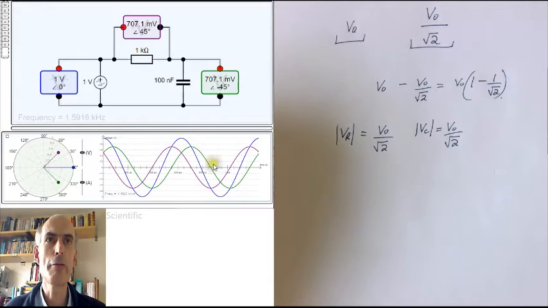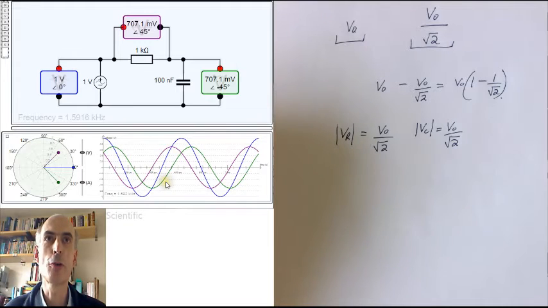If you look very carefully at this plot, you might be able to note that if you add the purple value, that's the voltage across the resistor, to the green value, that's the voltage across the capacitor, then at every single point, this voltage plus this voltage is equal to the blue voltage here, the voltage from the source.